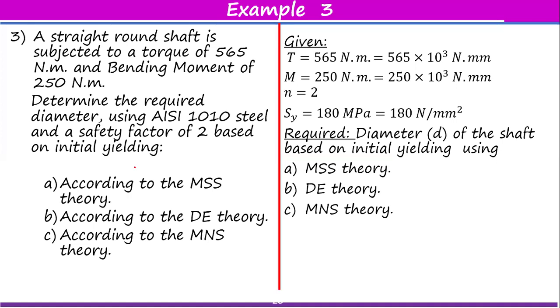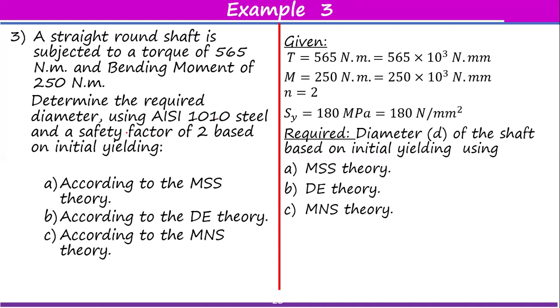So in this problem, we are given a round shaft which is subjected to a torque of 565 Newton meter and a bending moment of 250 Newton meter. The shaft is made from AISI 1010 steel.